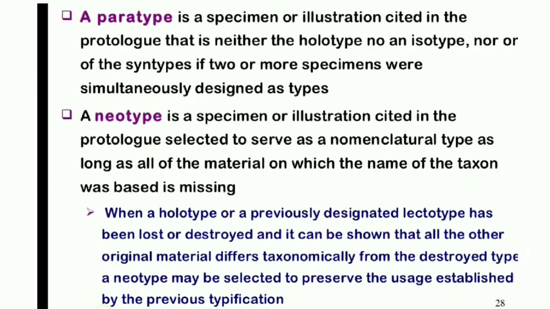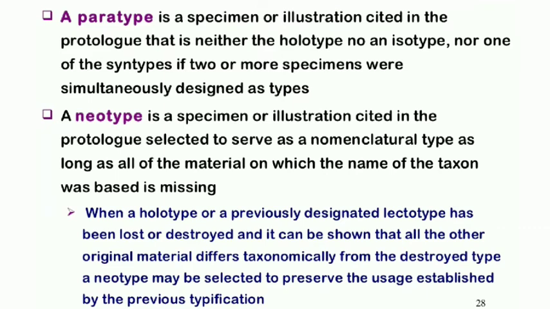Okay. So, the next type is a paratype. It is a specimen or illustration cited in the protologue that is neither the holotype, nor an isotype, nor one of the syntypes if 2 or more specimens were simultaneously designated as types.